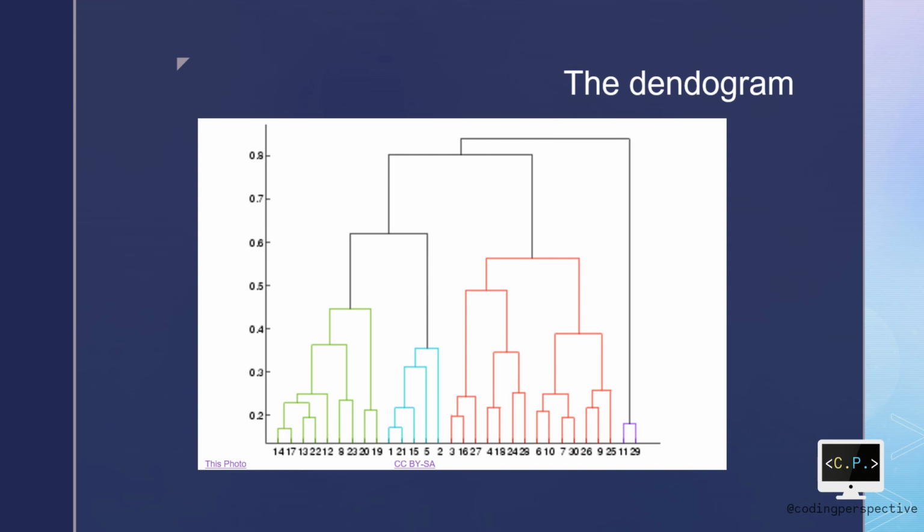Thus, observations that fuse at the very bottom of the tree are quite similar to each other, whereas observations that fuse close to the top of the tree will tend to be quite different from each other. Therefore, we cannot draw conclusions about the similarity of two observations based on their proximity along the horizontal axis. Rather, we draw conclusions about the similarity of two observations based on the location on the vertical axis where branches containing those two observations are first fused.